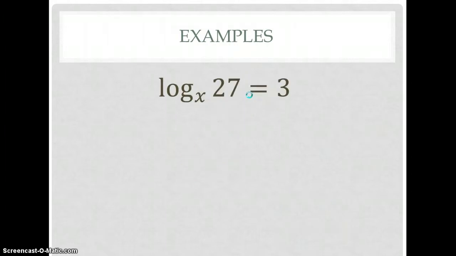Let's switch this up a little bit. What is this different setup saying? Same information: x to some power is going to equal 27, but this time we have what it's equal to. So this 3 over here is the power. The base of your log is also the base of your exponent.